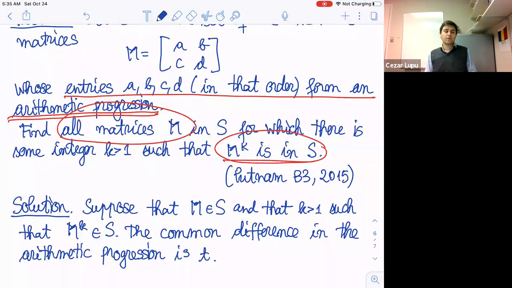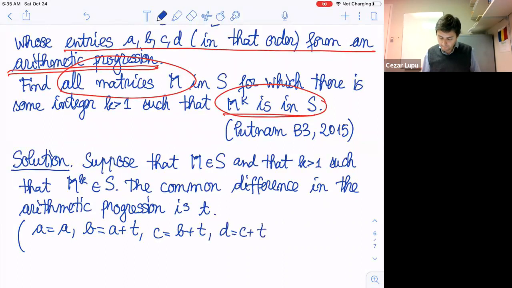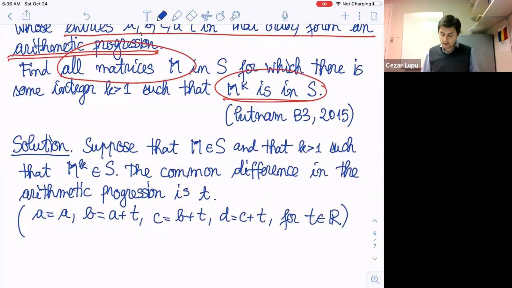So this means that a is a, b is a plus t, c is b plus t, and d is c plus t, for t real. Right? Okay.